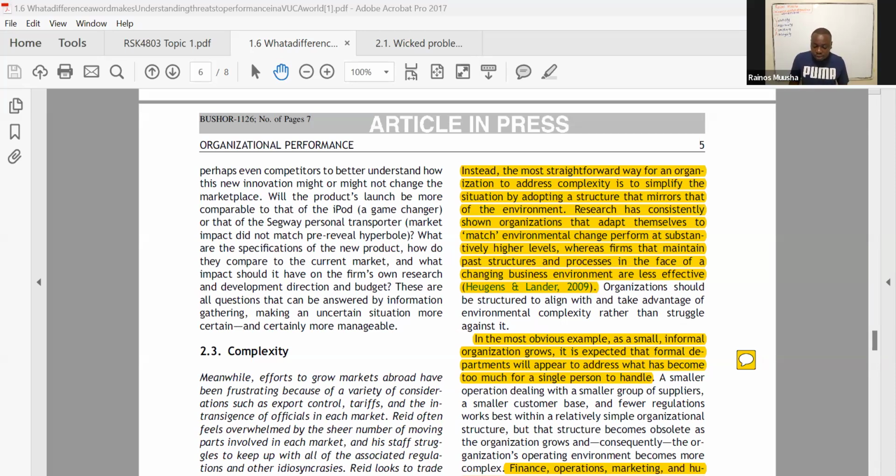Research has consistently shown organizations that adapt themselves to match environmental change perform at substantively higher levels, whereas the firms that maintain past structures and processes in the face of the changing business environment are less effective.